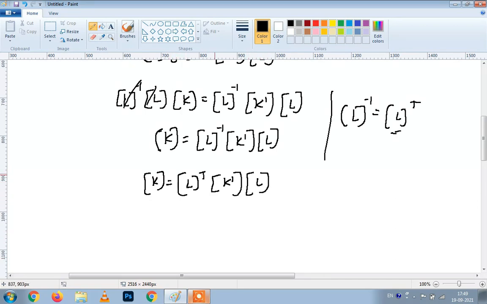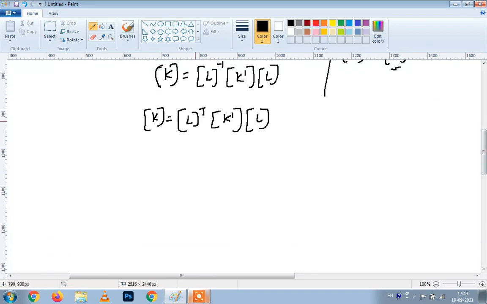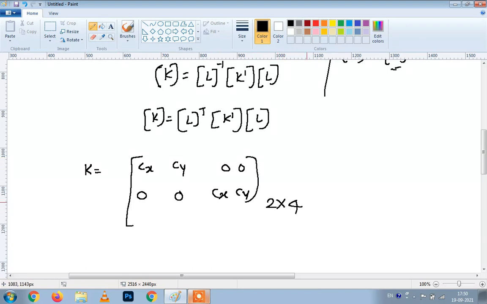Now we will put in the values of L transpose, K dash and L. For K dash, we'll put all the values together directly, so it will save us one step. So K is equal to the transformation matrix, we have seen this Cx Cy 0 0, 0 0 Cx Cy. Now it was 2 rows 4 columns, so it was 2 by 4. Now I want to convert it into 4 by 2. So we are simply interchanging the rows and columns.